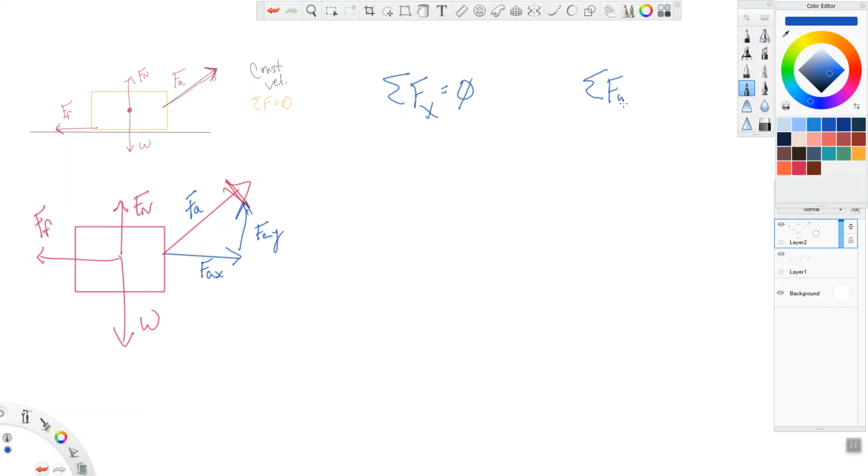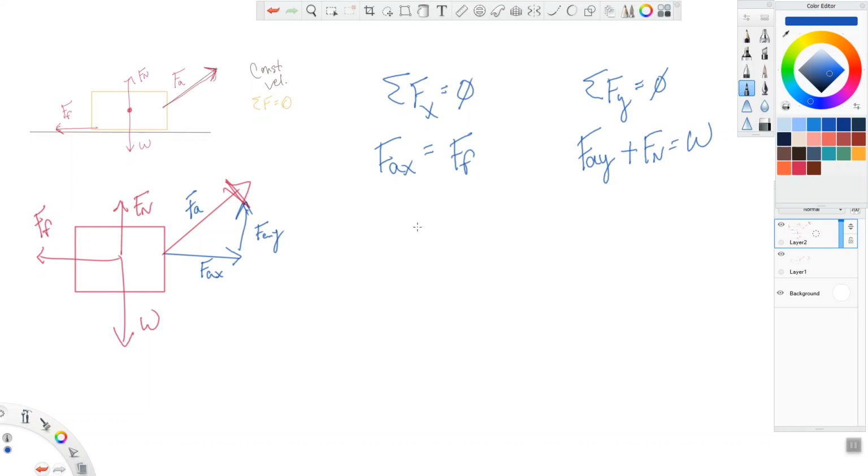Summation of the forces in the y direction are also going to equal 0. So that means for me, force applied in the x direction is going to equal force of friction. And force applied in the y direction plus force normal is going to equal weight.